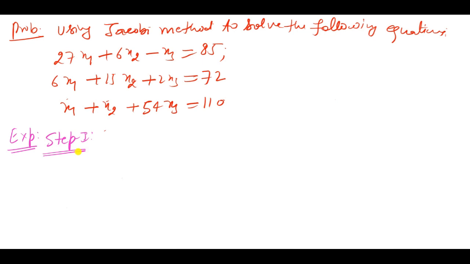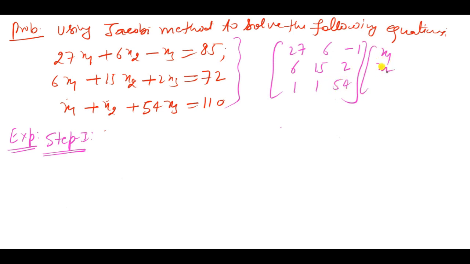Writing the given set of linear equations in matrix form: [27 6 -1; 6 15 2; 1 1 54] times [x1 x2 x3] is equal to [85 72 110].